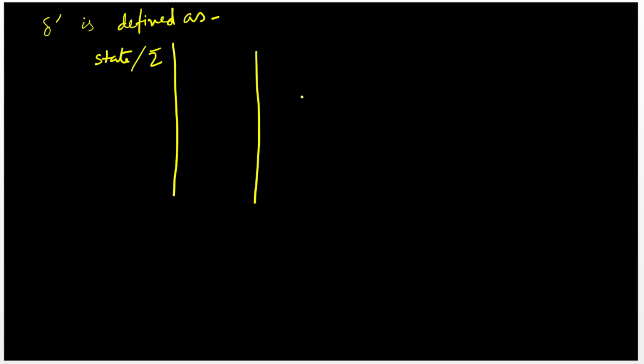Now what will be the transition table for this minimized automata? That means we have to define the delta. So now delta dash is defined as state and sigma, that is 0 1.